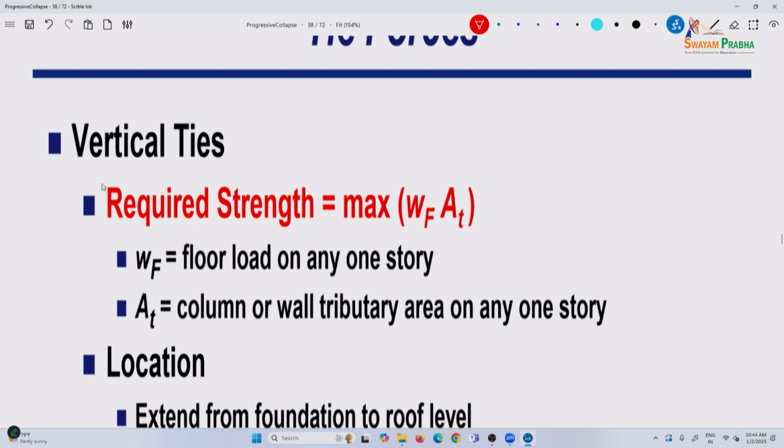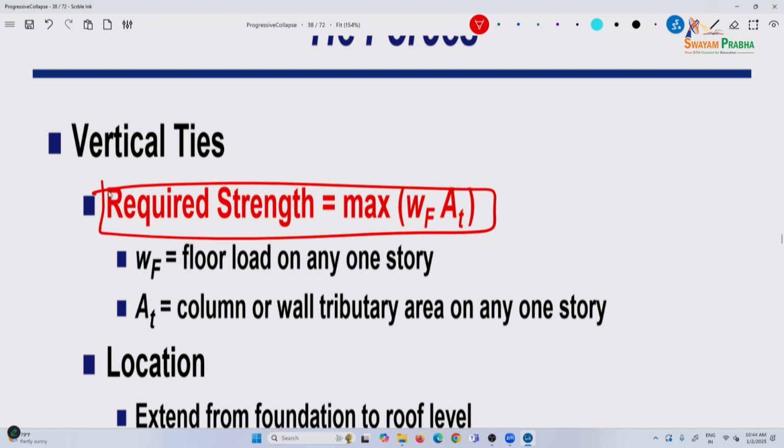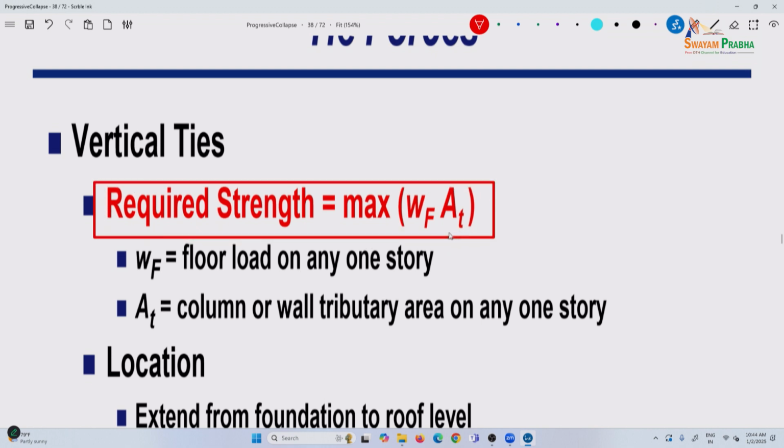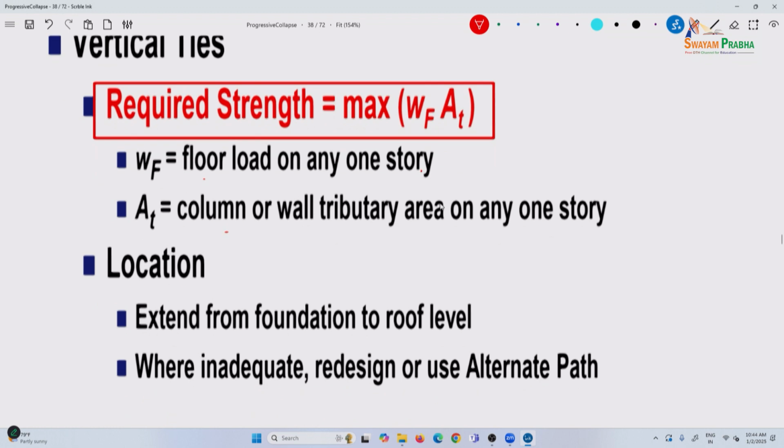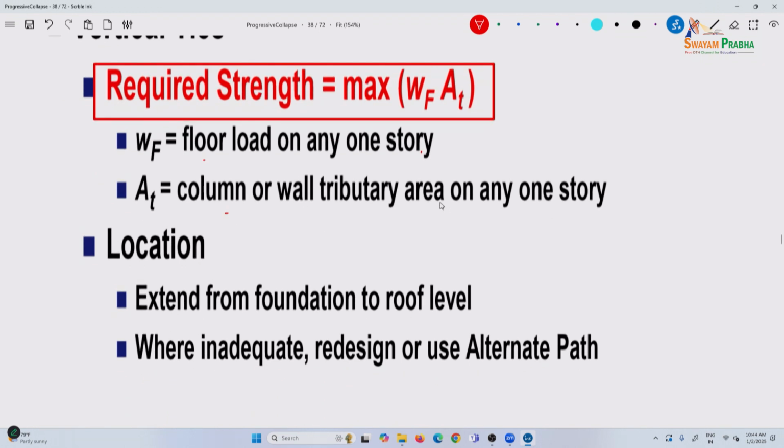Then the vertical ties required strength is given by the maximum of Af. This is the floor load on any one story, the column or wall tributary to any one story. Then extended from foundation to roof level.